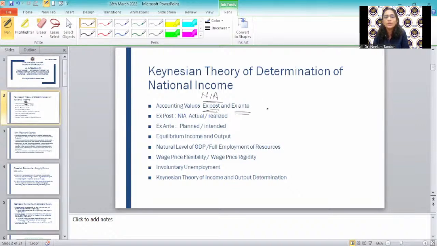Study now means how the consumption will be, how the investments will be, how much savings there will be in the economy, how exports and imports are going to be, how production is going to be, how government is going to spend. This is about ex ante. Okay, so this is the concept of ex ante and ex post. I hope it is clear to all of you.